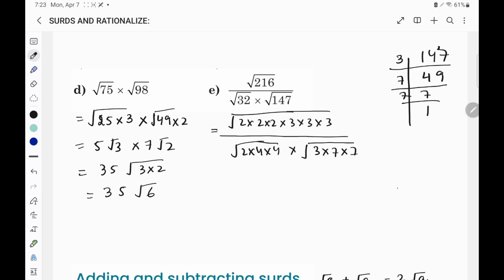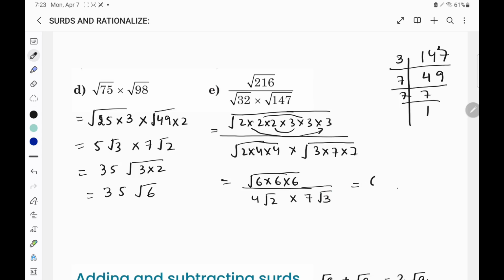So just quickly look into this. That 216 means that is pairs of 2 and 3, pairs of 2 and 3, pairs of 2 and 3. So it is becoming 6 into 6 into 6 divided by 4 square root 2 multiplied by 7 square root of 3.